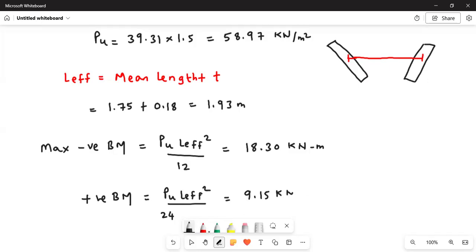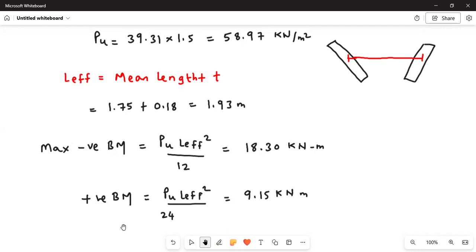The reinforcement for the negative bending moment has to be provided at the corners, and for the positive bending moment, reinforcement has to be provided at the midspan. We will see how to provide the reinforcement.